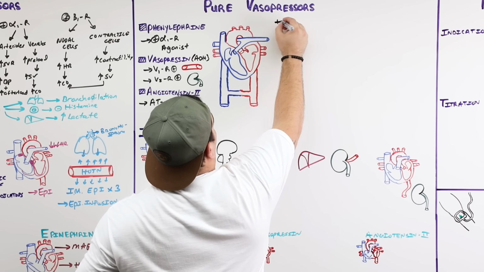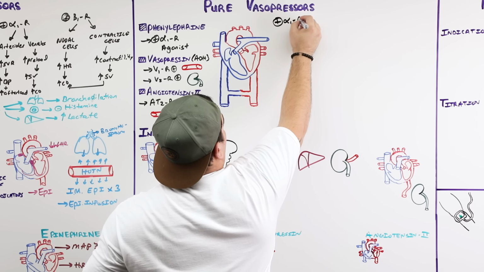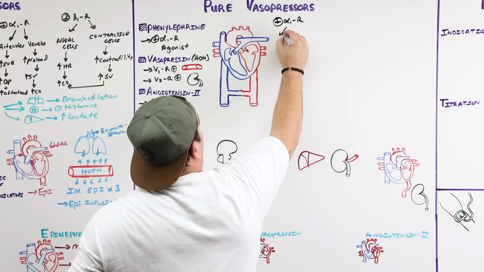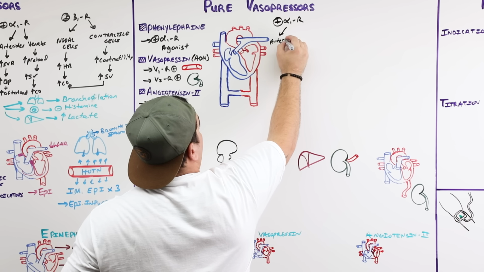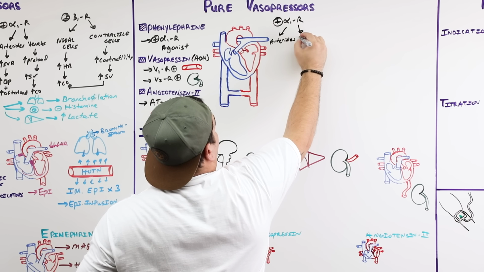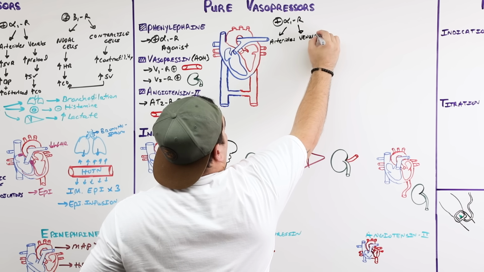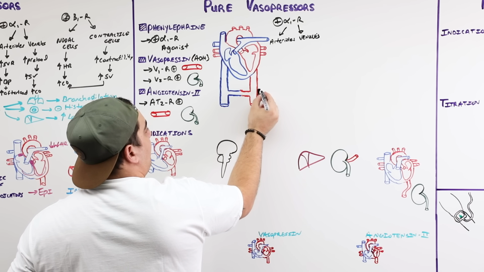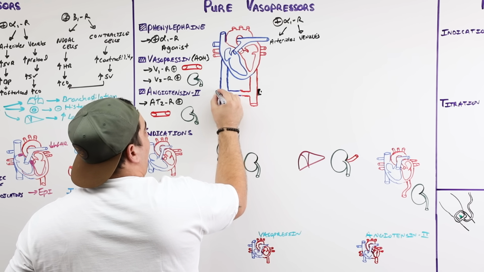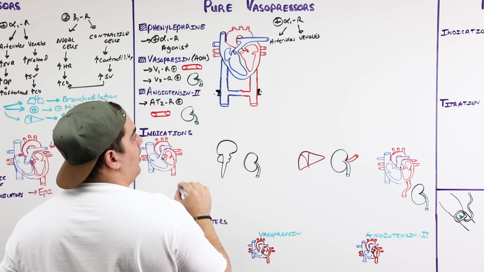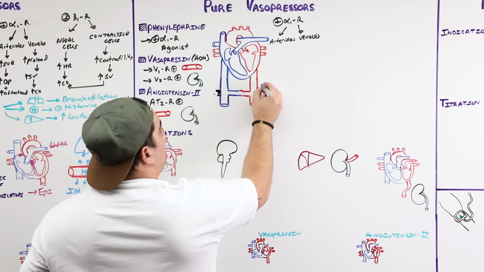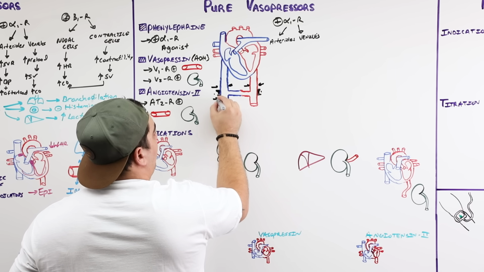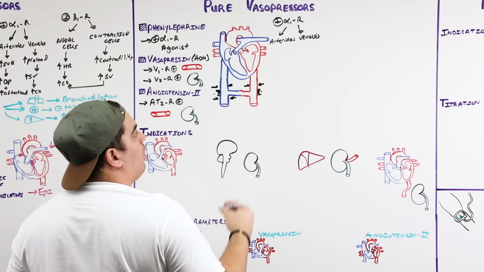When we stimulate alpha-1 receptors, we do it on two types of vessels: the arterioles or the venules. If I have a receptor on the arteriole, phenylephrine binds onto it, and if I have it on the venules, phenylephrine binds onto that too.